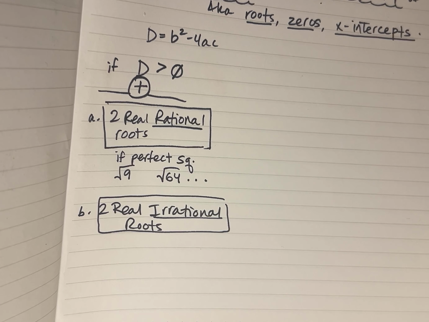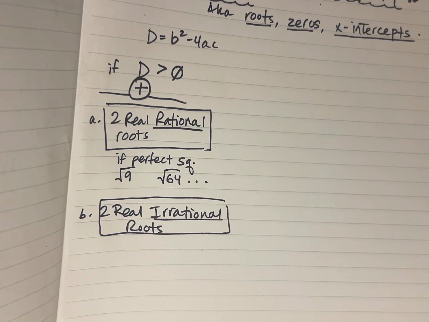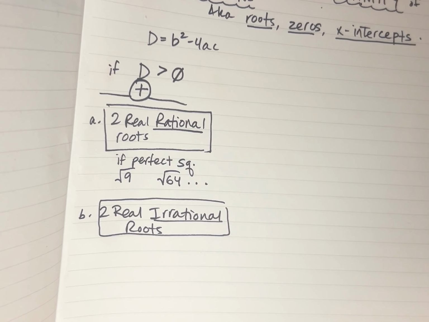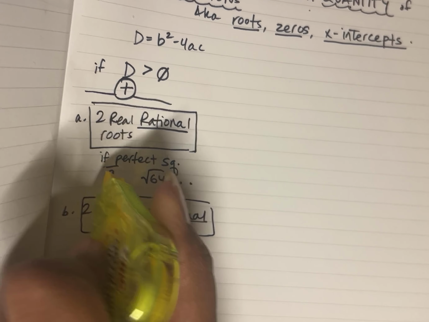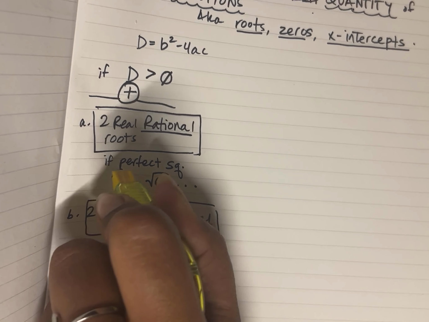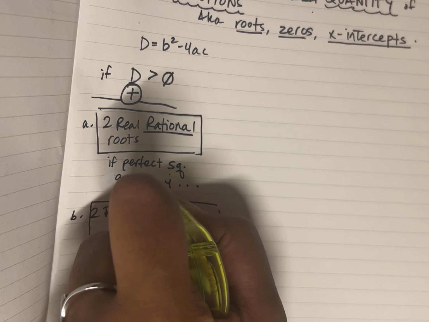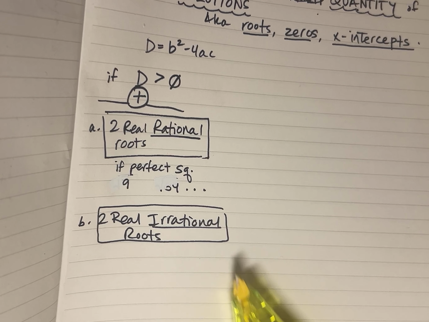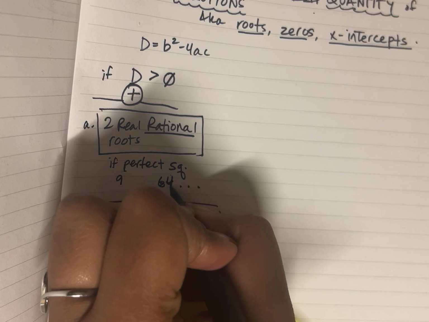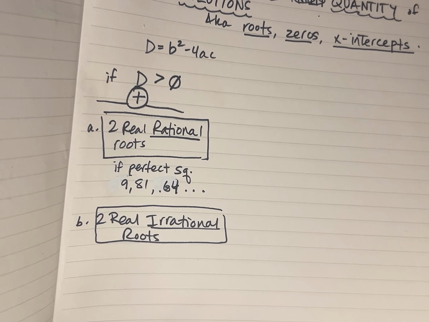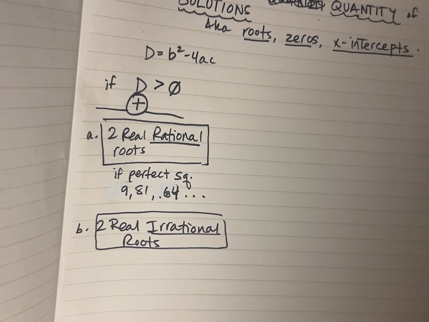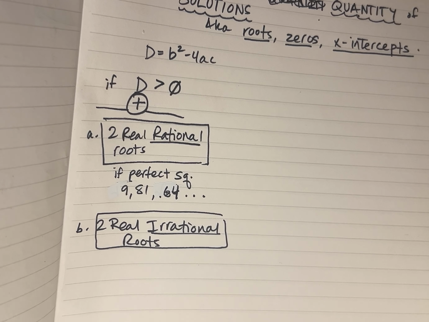I just wanted to bring that up. No, I should not. I just want to bring that up before I confuse anybody. I don't need to see the square root. I'm just letting you know that's how perfect squares work. You can put other examples here if you'd like. We could do 81. Again, I don't want to see square roots for a discriminant. It is just the b squared minus 4ac's answer.